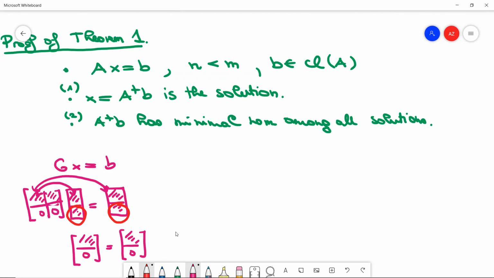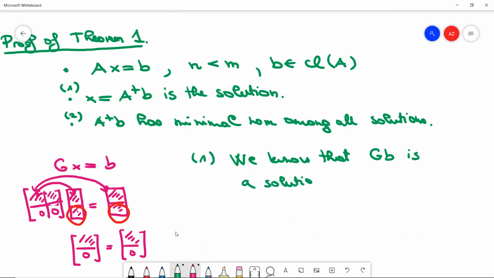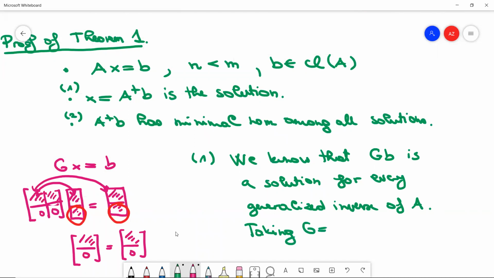So it is not exactly correct to multiply by the matrix A plus, but we know from the topic of generalized inverses that GB is a solution for every generalized inverse G of A. A plus is in particular a generalized inverse, so taking G as A plus proves part 1.